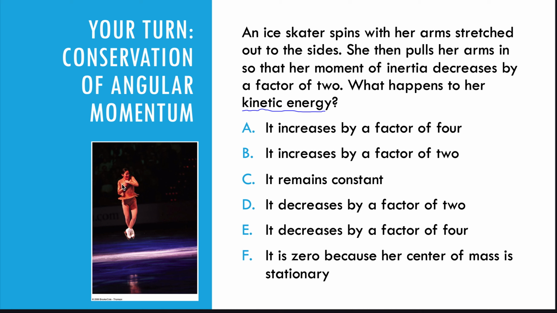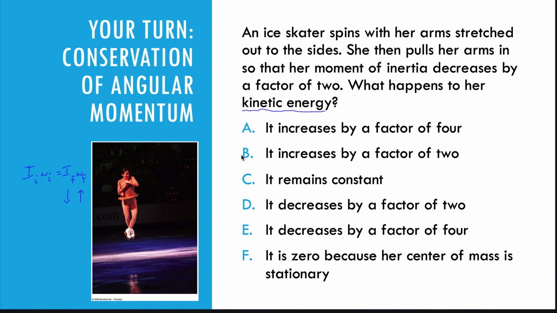When you're thinking of the ice skater, what hopefully comes to mind is the equation we just talked about for conservation of angular momentum: I initial, omega initial equals I final, omega final. So her final moment of inertia is decreasing by 2, which means her final angular speed or angular velocity must increase by a factor of 2.